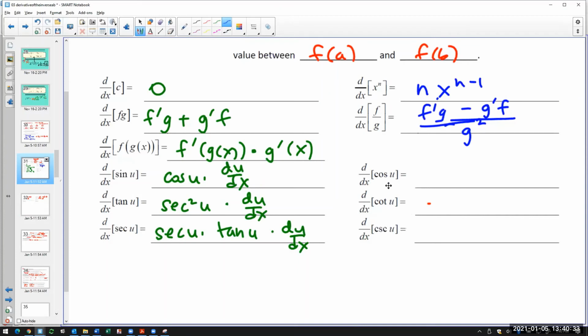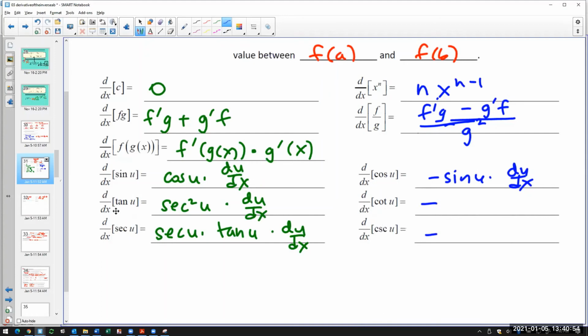All right, what about this cosine u? What's the derivative of cosine u? Negative sine u, but don't forget times du dx. Guys, do you see how none of these here start with a c? So you don't change the sign. But do you see how all of these start with a c? So this is going to be negative, negative, negative. And what's the derivative of cotangent?